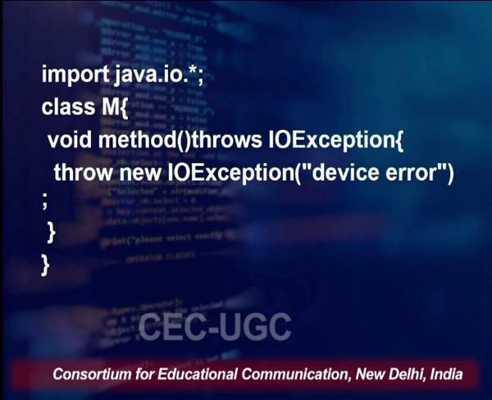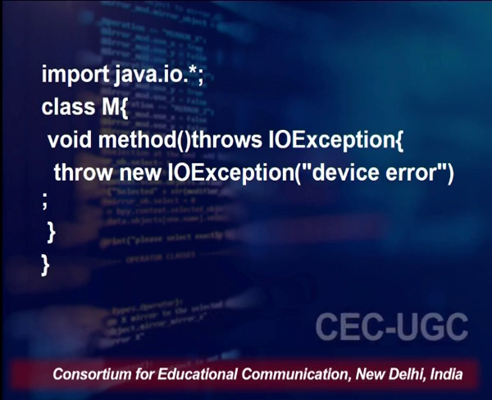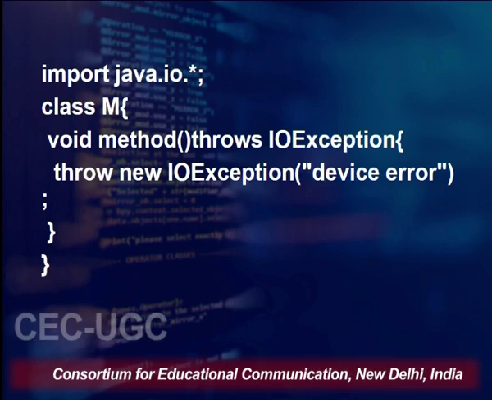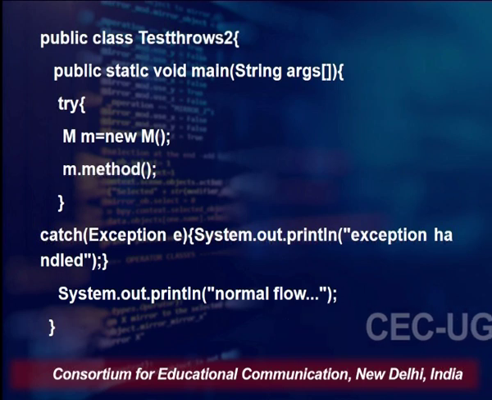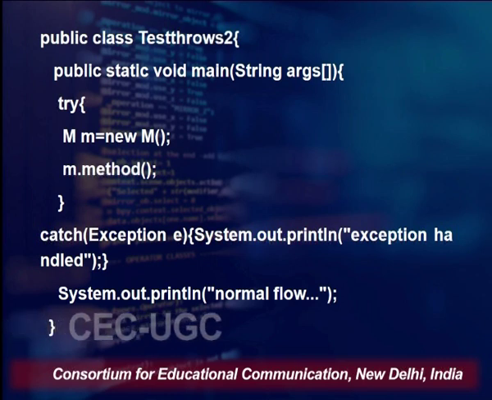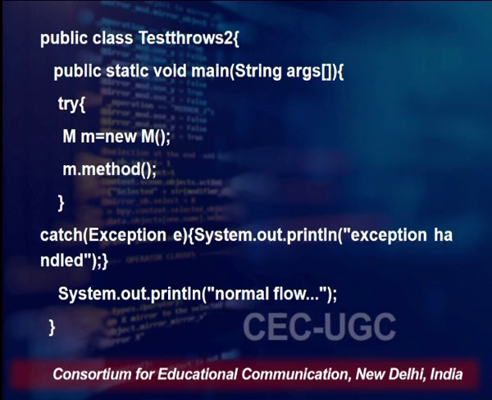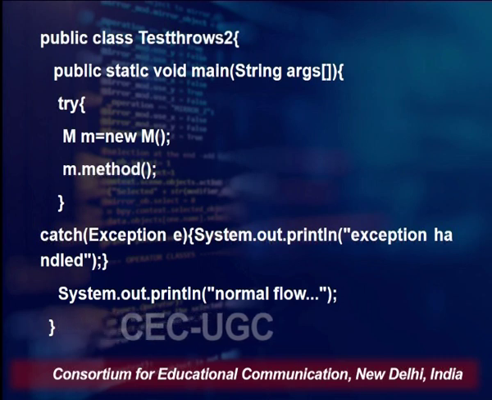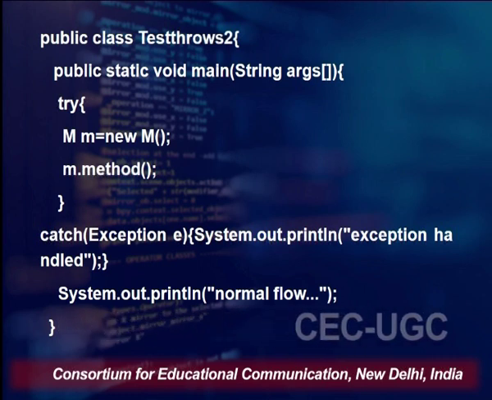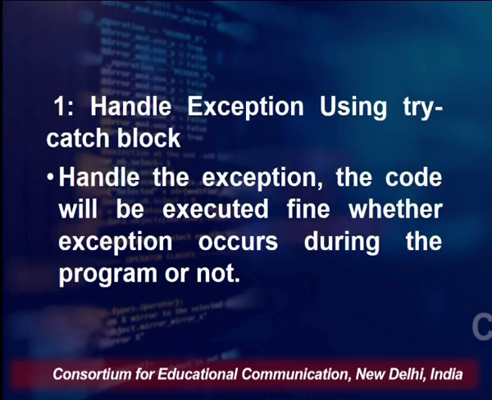This call to M is being made inside the try catch block, and as part of the output we are going to get "exception is handled" and the normal flow. So this was the first case, in which we are handling the exception using the try catch block.